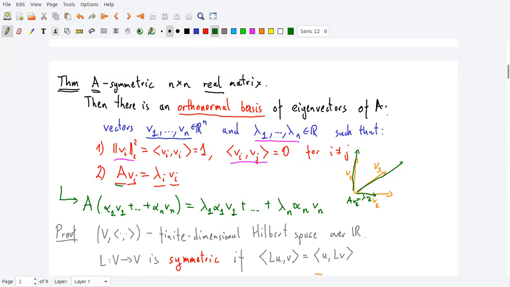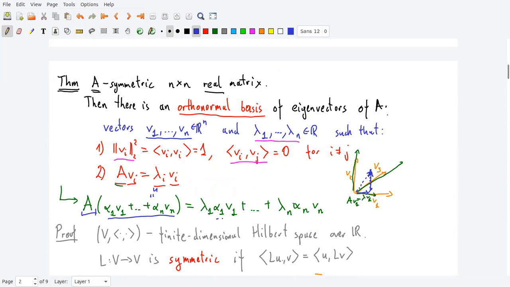Whenever you take any other vector in your space, you can always write it in this orthonormal basis v1, v2, v3. Then by linearity, A acts on this vector essentially on every coordinate separately.